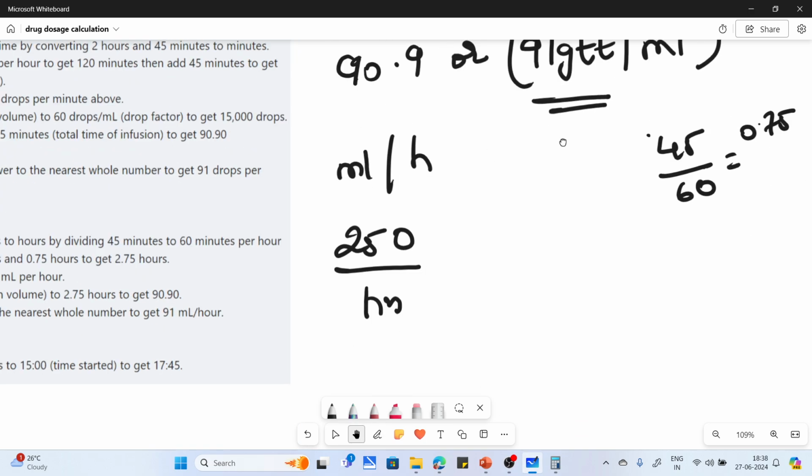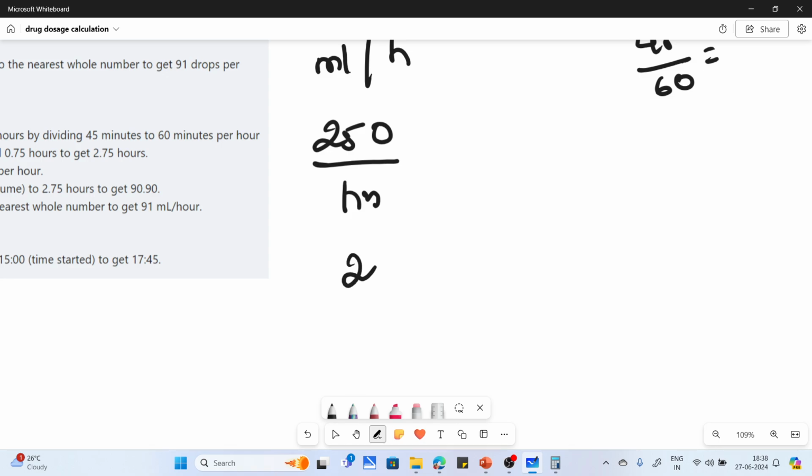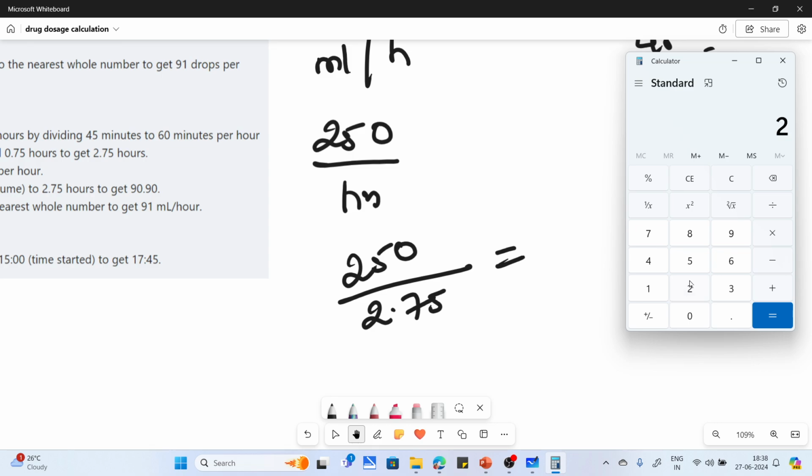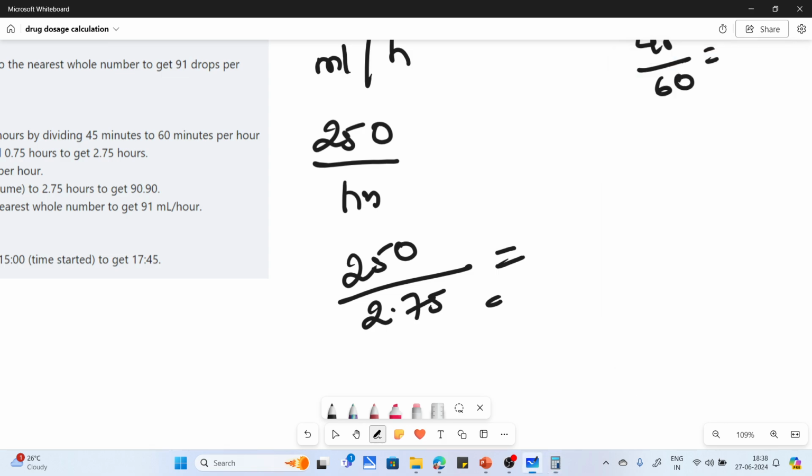So we write 250 divided by 2.75. That is 90.9 or 91 ml per hour.